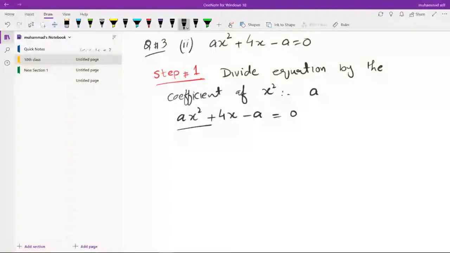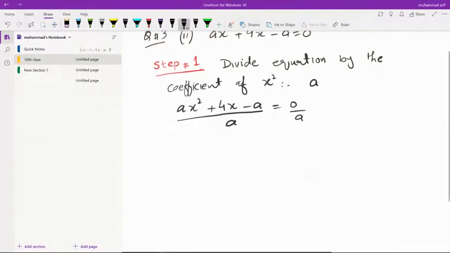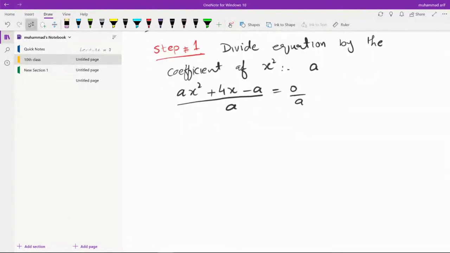Zero divided by a. After this, 4 by a x, and minus a by a. And what will be the answer of 0 by a? 0.